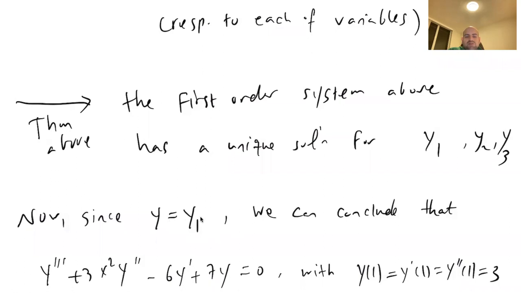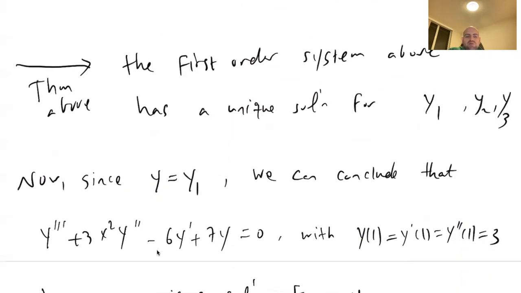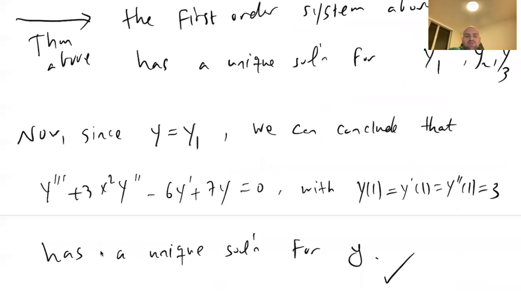So if there is a unique solution for y1, and we know that this equation is equivalent with the system that we just saw above, and we know that y is equal to y1, so that means this equation has a unique solution for y. And this is what we were trying to prove, that this equation, along with these initial conditions, has a unique solution for y.